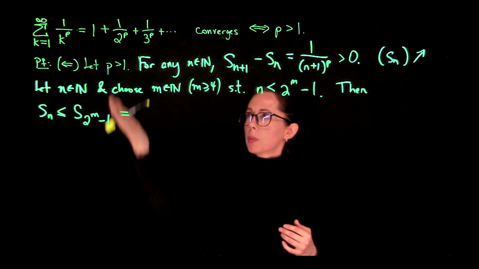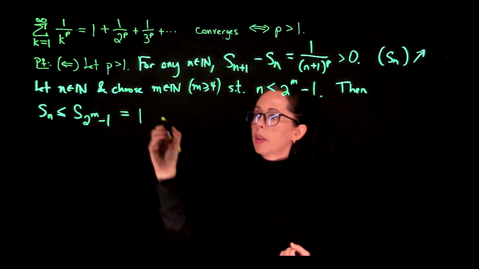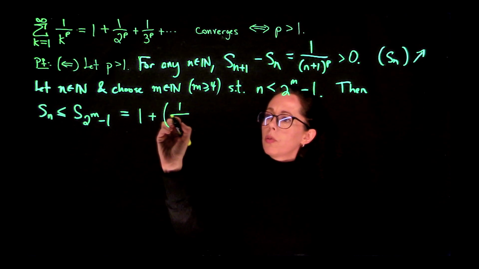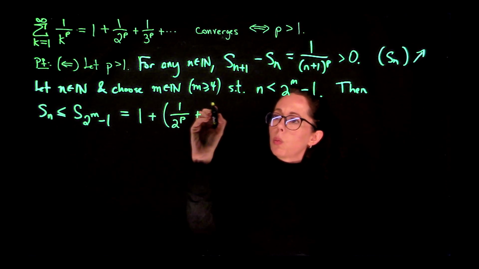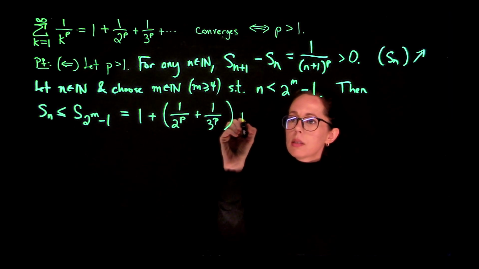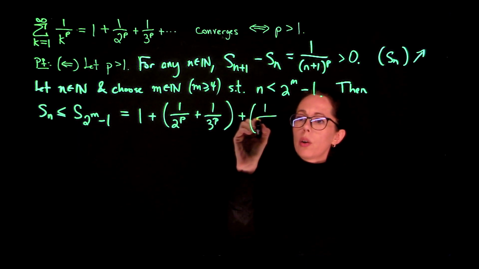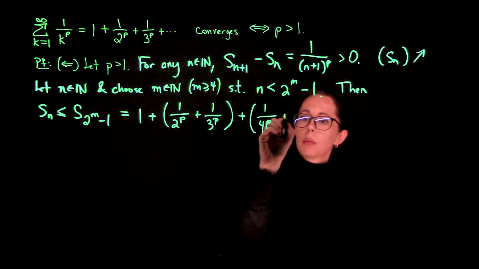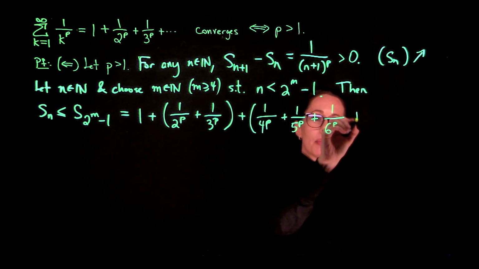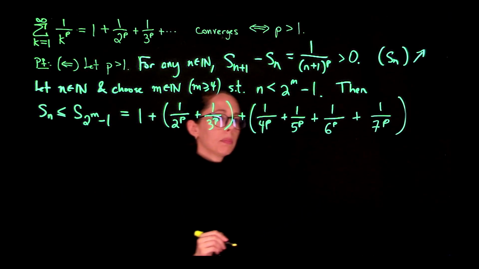So the first term in this expansion, if we're starting from k equals 1, is 1 plus, okay, here's an unnecessary parentheses, 1 over 2 to the p plus 1 over 3 to the p, close that off, plus 1 over 4 to the p plus 1 over 5 to the p plus 1 over 6 to the p plus 1 over 7 to the p. Close off that grouping.